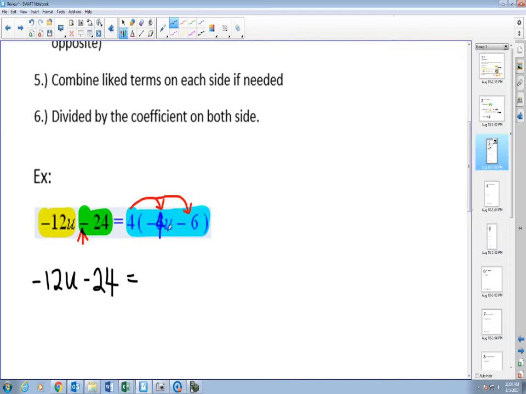Alright, 4 times negative 4u is negative 16u. 4 times negative 6 is negative 24. Alright. Tell you what, I'm going to change this 6 to a 7, excuse me. So that will give me negative 28.